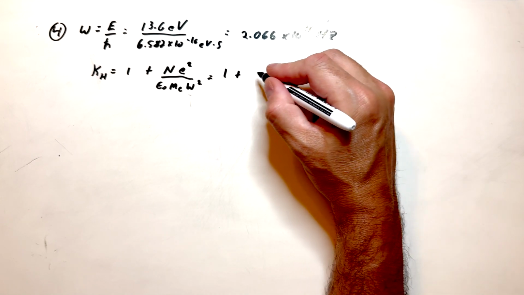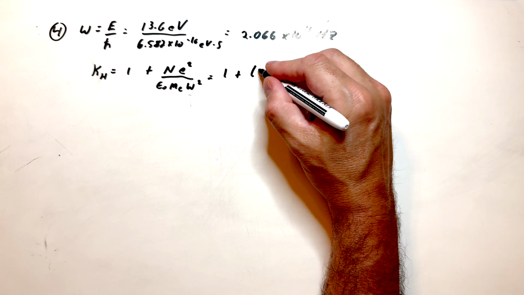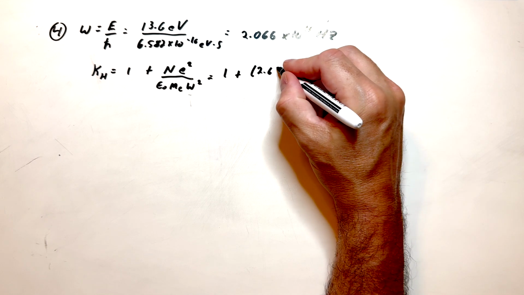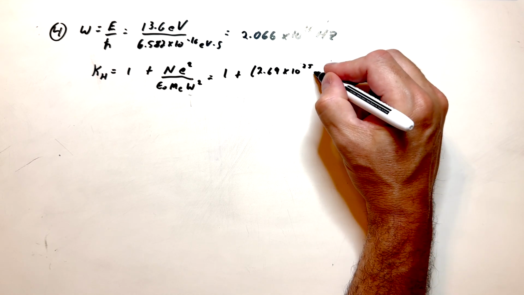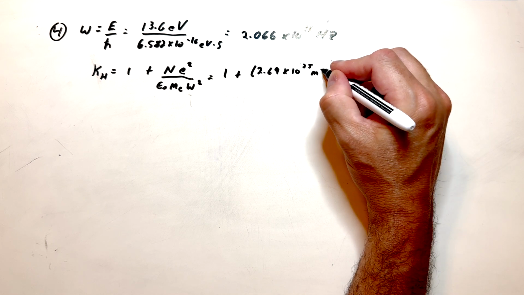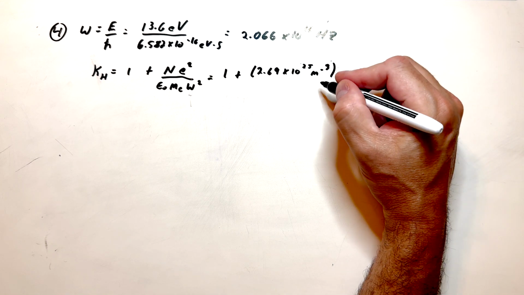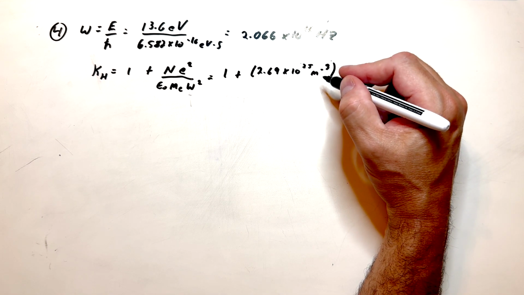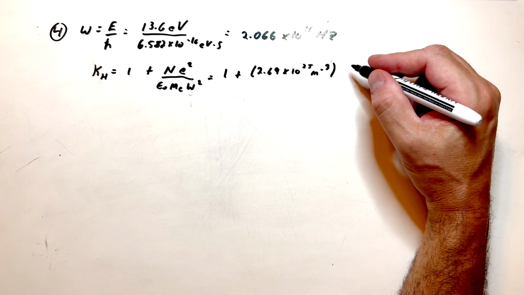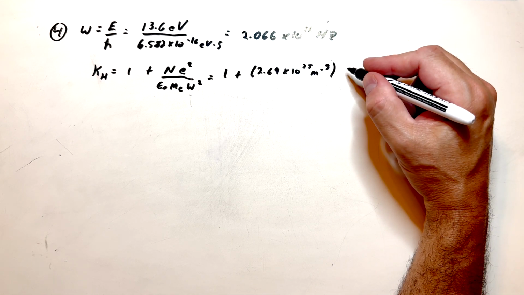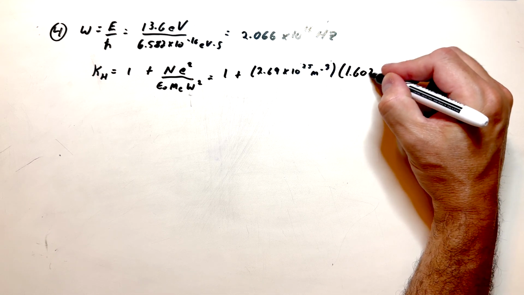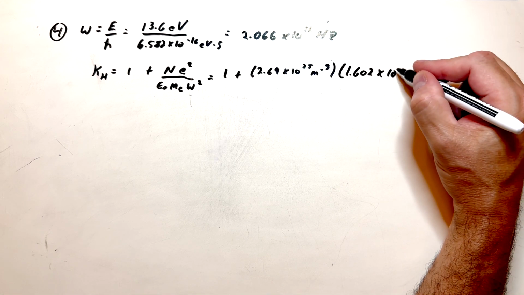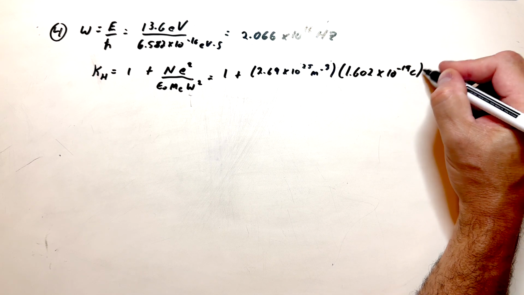We get 1 plus 2.69 times 10 to the 25 per meter cubed. That, by the way, just comes from the usual 22.4 liters per mole for gases at 0 Celsius and standard temperature and pressure. Then we put in the charge for the electron, 1.602 times 10 to the minus 19 coulombs, which will be squared.